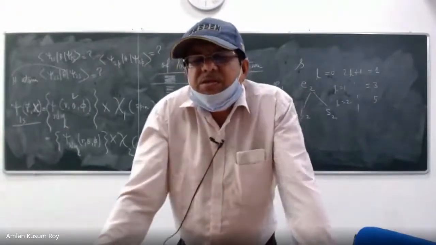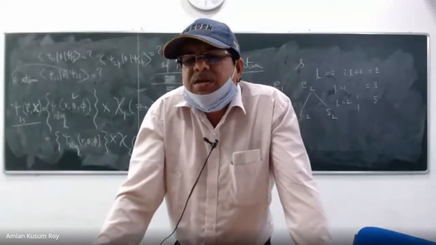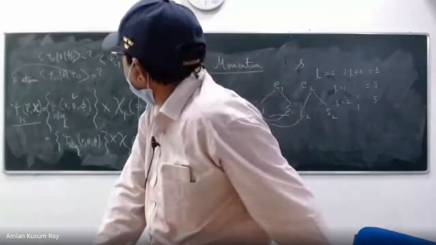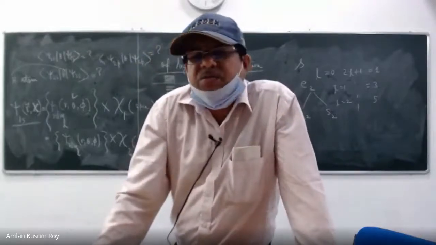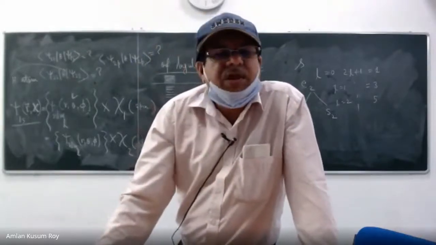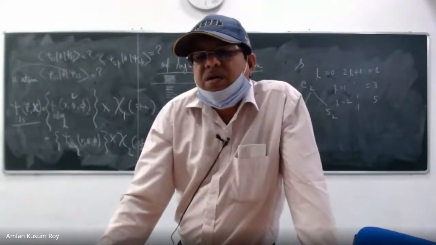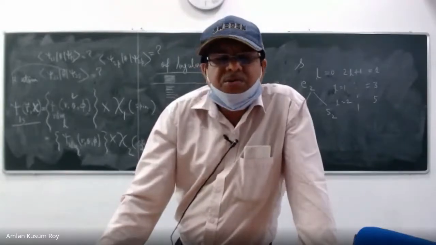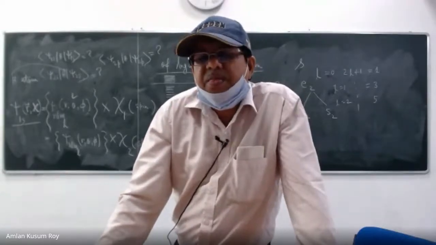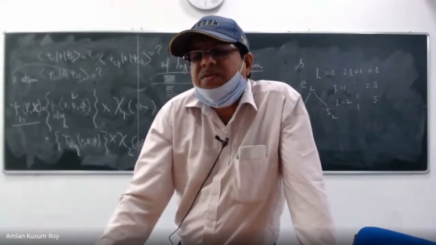Come on, please. Madhur is writing minus half. Okay, and then psi 2s is minus 1/4. What is psi 2p? Devasmita. Okay, the first one is just minus half.